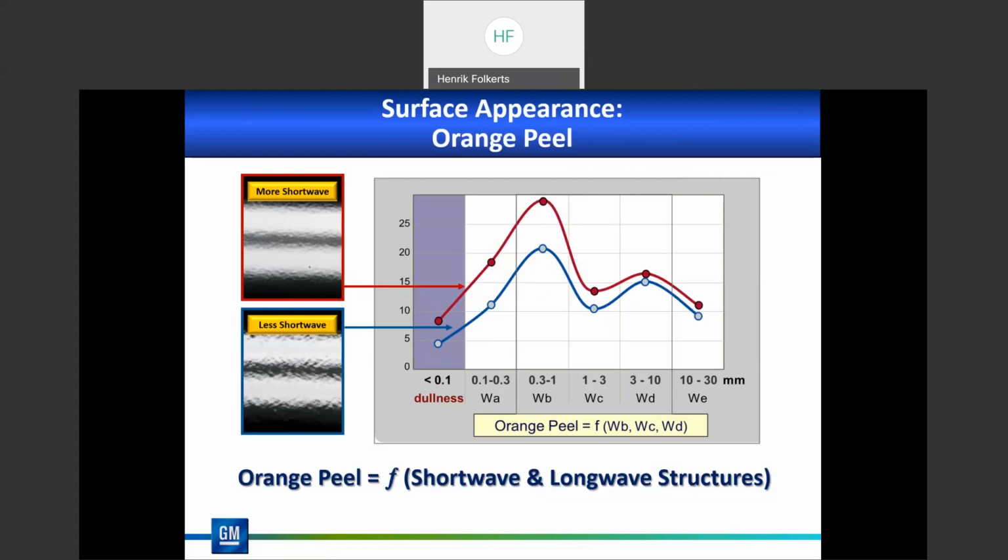So WB is an important one to look at, even if you're just doing R-value and you're trying to make sure you meet a specification. You can actually get a good R-value number and have some high WB numbers.